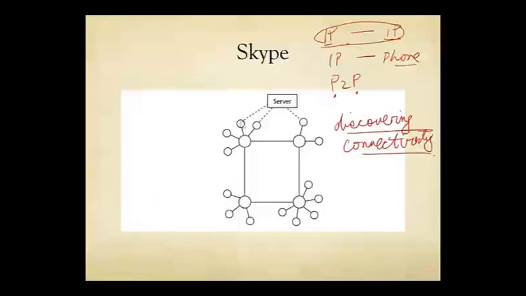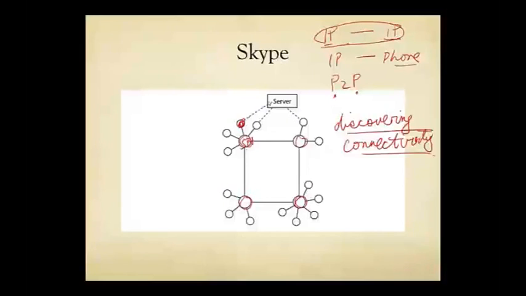Let's say you are one of these nodes on the Skype network. Now you see some of these nodes are bigger because we'll later call these super nodes, SN, as opposed to just a node. Now when you want to make a Skype call, first of all, you have to log in at a server.